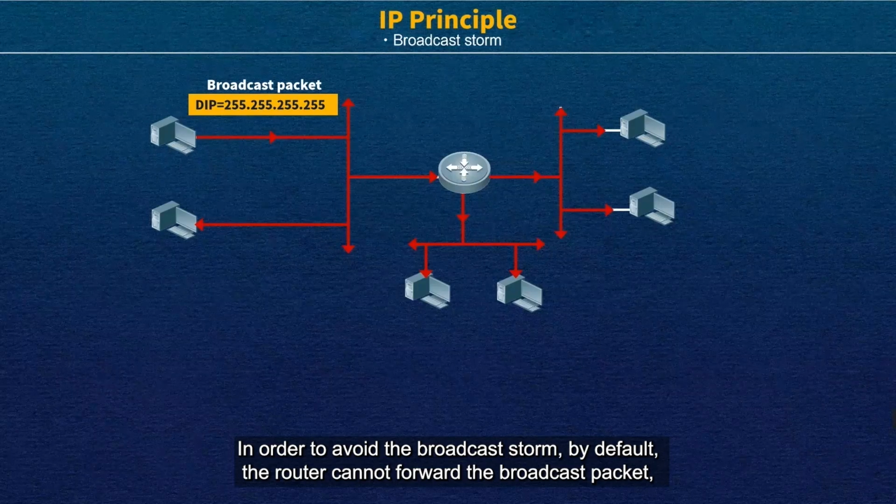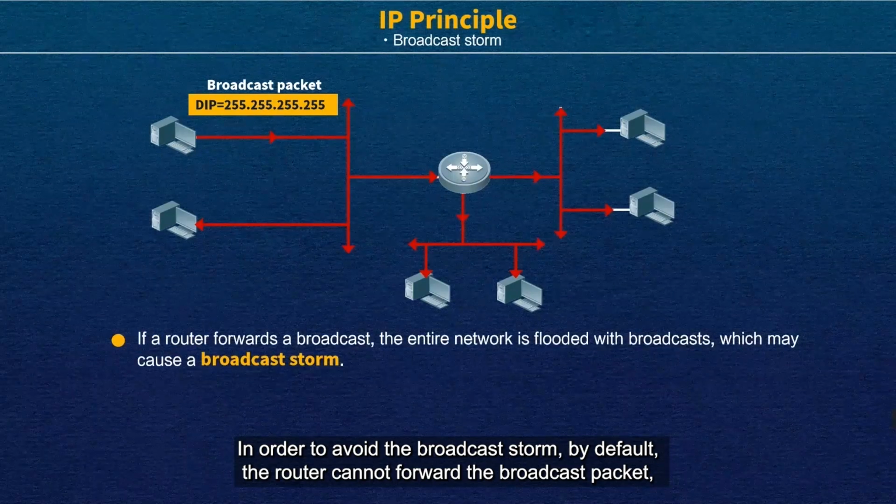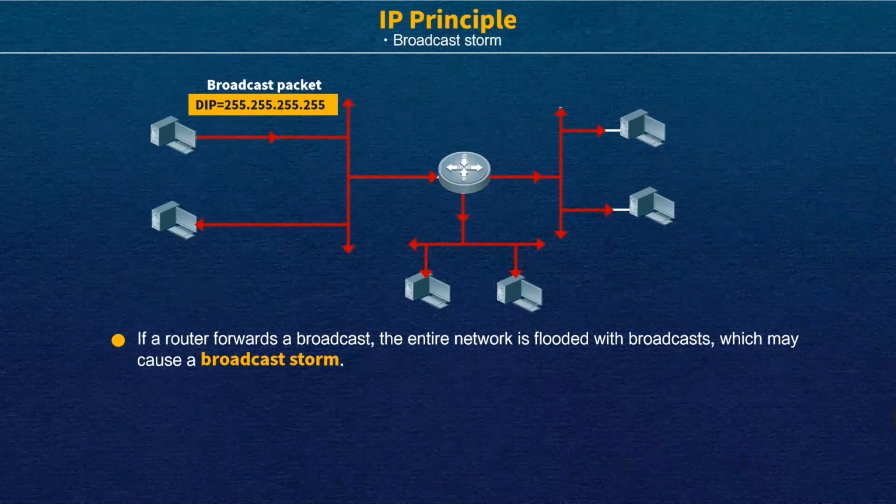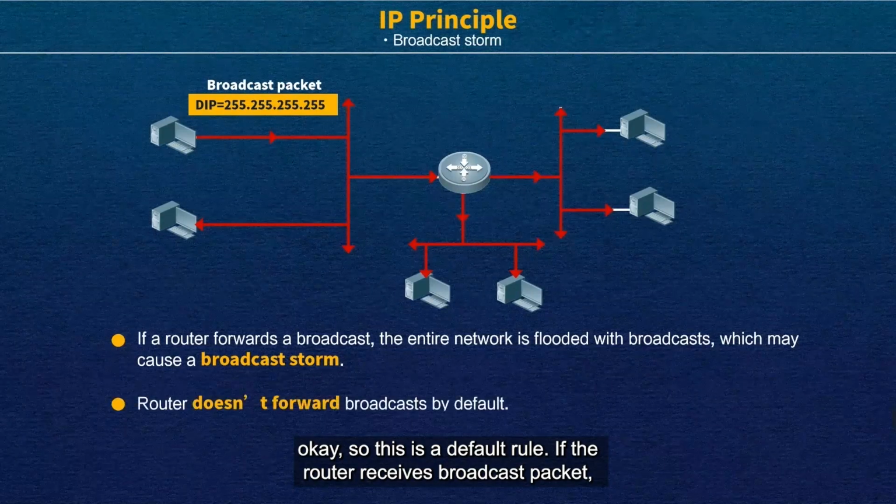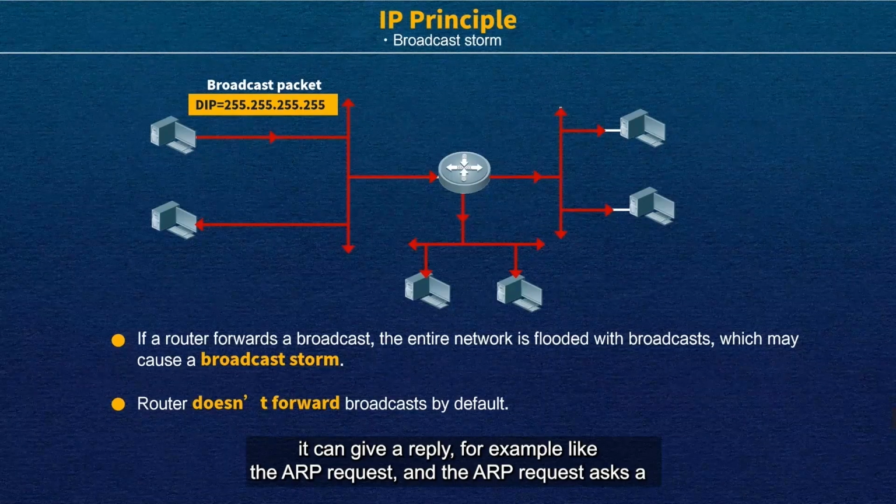In order to avoid the broadcast storm, by default, the router cannot forward the broadcast packets. Okay, so this is the default. If the router receives broadcast packets, it can give some reply.